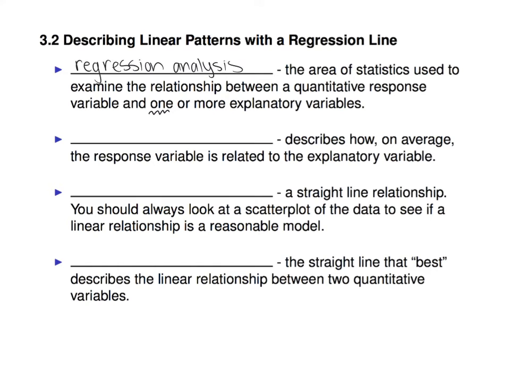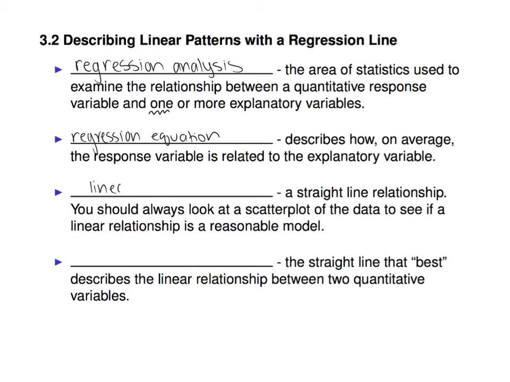Now, the regression equation describes how, on average, the response variable is related to the explanatory variable. A linear relationship is a straight line relationship. You should always look at the scatter plot of the data to see if a linear relationship is a reasonable model.